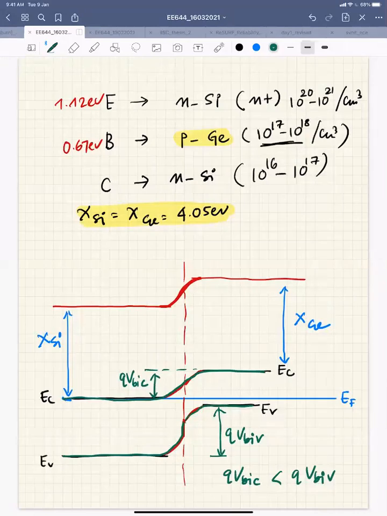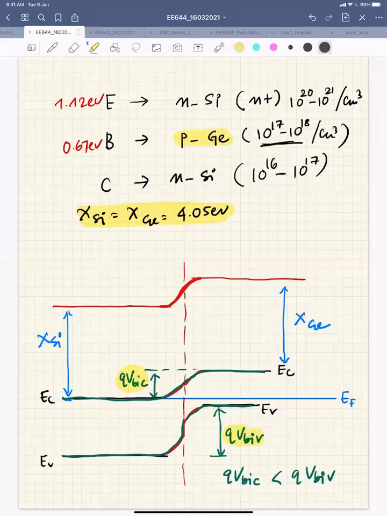Since you have a different band gap material, you will see your conduction band offset and valence band offset for your emitter-base junction is different. So your valence band offset is different than the conduction band offset. So definitely you will have asymmetric injection.